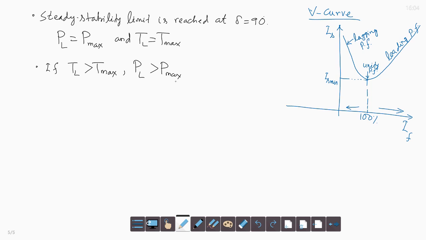Okay. Then, this is steady state stability, another is transient stability. Transient stability is given by equal area criterion.